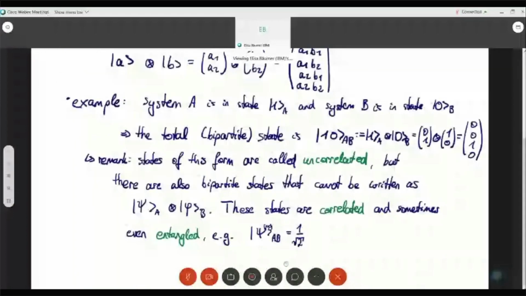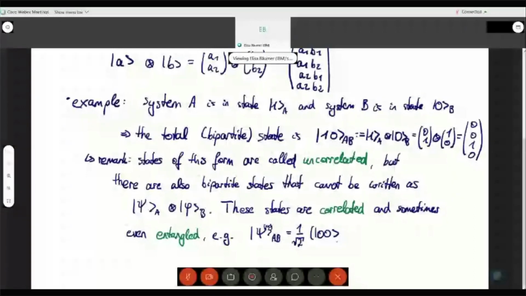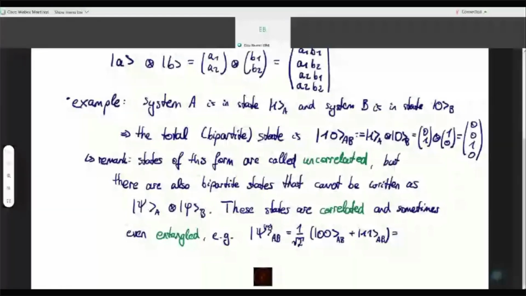I could have a state that is in a superposition of 0, 0 and 1, 1, which I cannot write as 0 plus 1 times 0 plus 1, because then I would get 4 terms in total, right? If I write down state A as 0 plus 1 and state B as 0 plus 1, I would get 0, 0 plus 0, 1 plus 1, 0 plus 1, 1. If I only have these 2 terms, I cannot write it as a product of just 2 states.